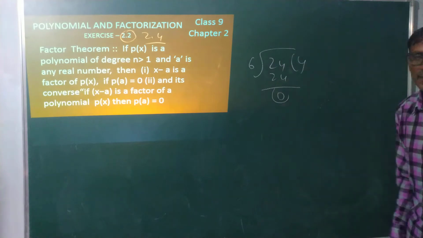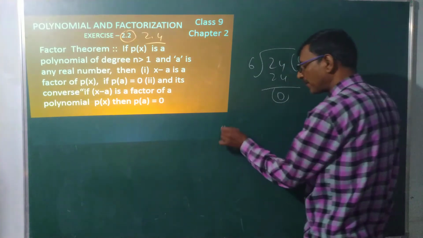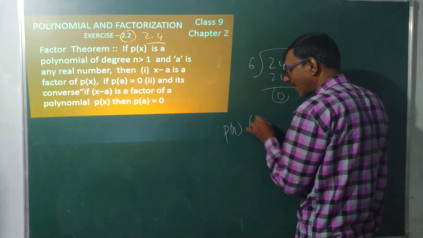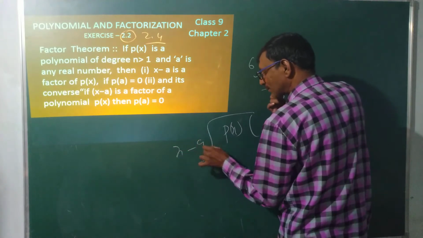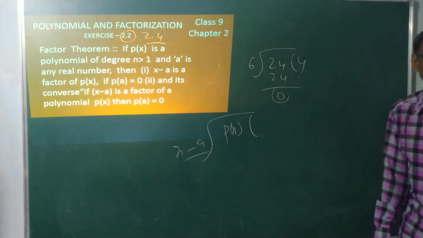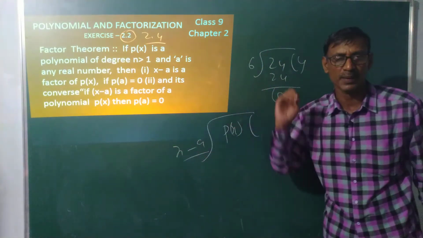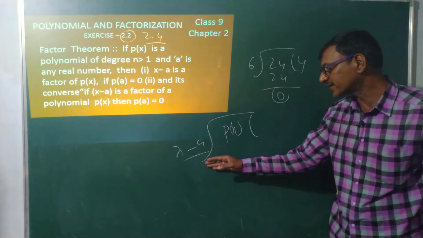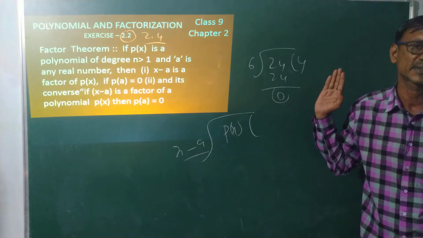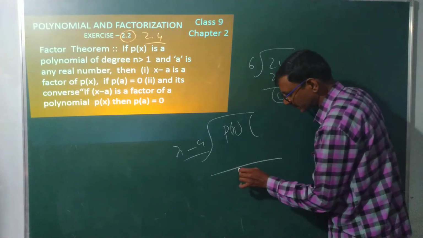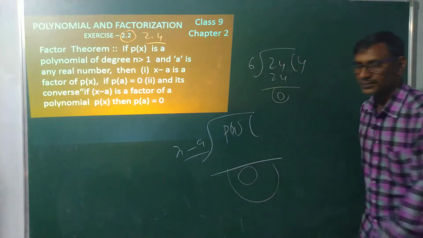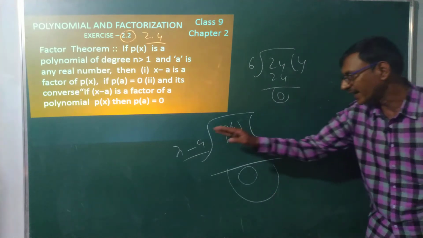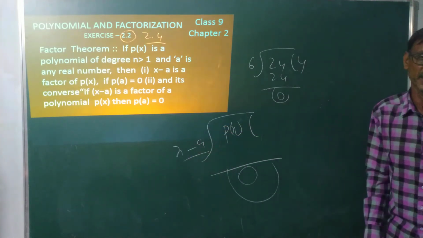In a similar manner, some p of x is divided by some x minus a, my linear polynomial, whatever it may be. When p of x is divided by x minus a, if I get remainder 0, then x minus a is a factor of p of x.